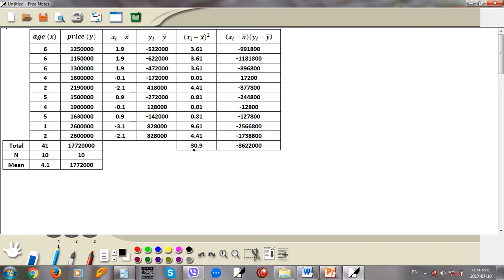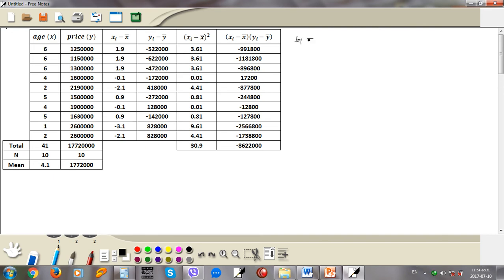The sum of this column is 30.9 and the sum of the other column is minus 8,622,000. Then we use the already defined equation to find b1.